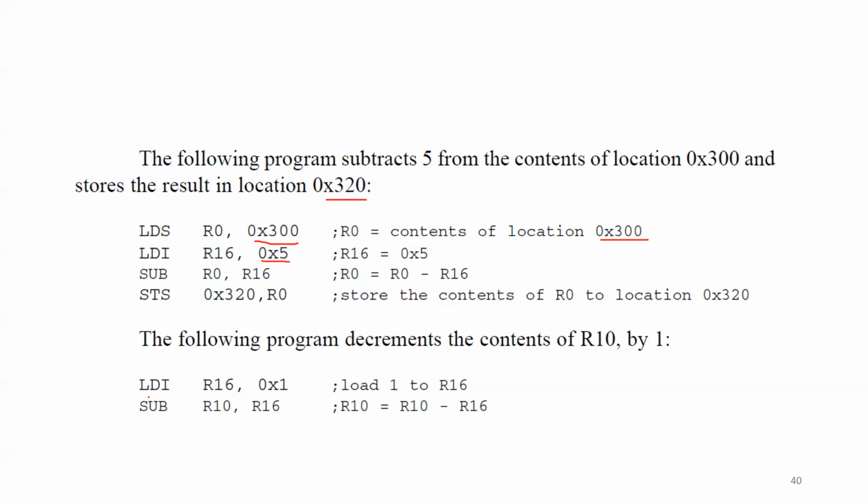So LDI R16, 0x1, which means that the value in register R16 would be 1 hexadecimal. Then sub R10, R16. This means it will decrement the value by 1 because we stored 1 in register R16. So it's equivalent to decrement by 1.